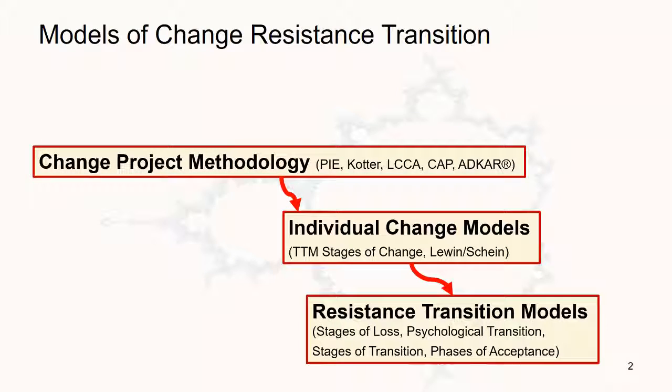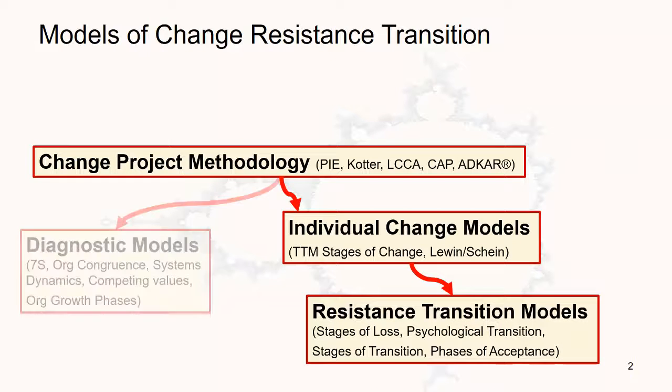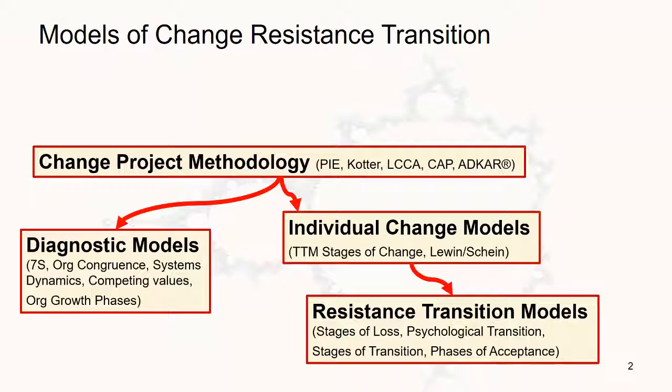But the individual model of change also fits within a higher category still of the project methodology, how the project is initiated and managed through the implementation. And there's a 4th area of diagnostic models, those that are used to analyze and prescribe change itself.